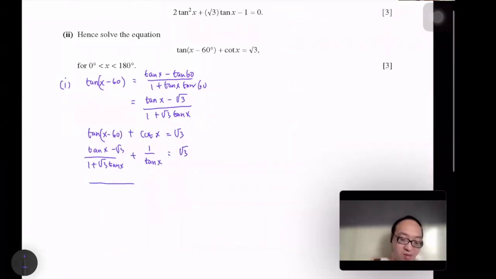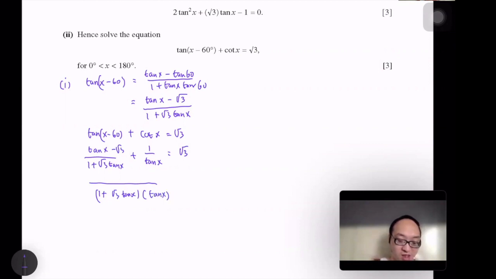We can make the denominator the same: 1 plus root 3 tangent x times tangent x. And on the numerator, we have tangent x minus root 3 times tangent x plus 1 plus root 3 tangent x equals root 3.